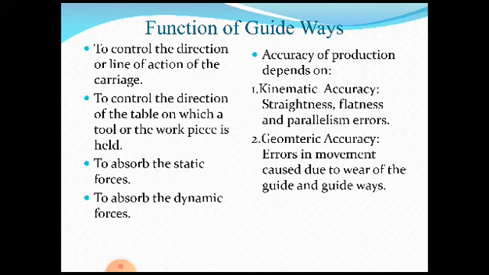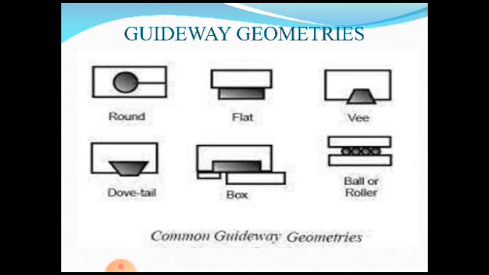Geometric accuracy relates to errors in the movement caused by wear of the guide and guideways. This is a very important factor to notice, because whether it is a manual machine or an automatic CNC machine, the guideways are subjected to wear and tear when used continuously.